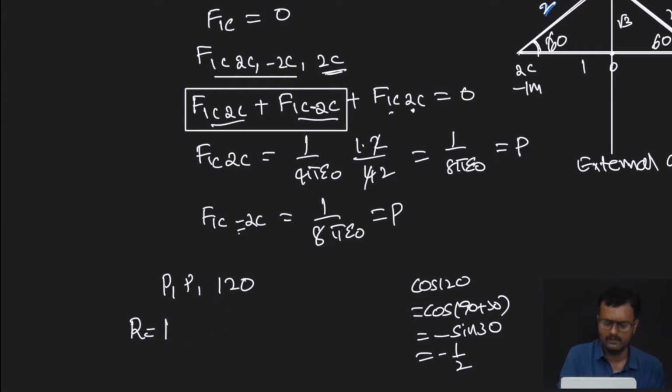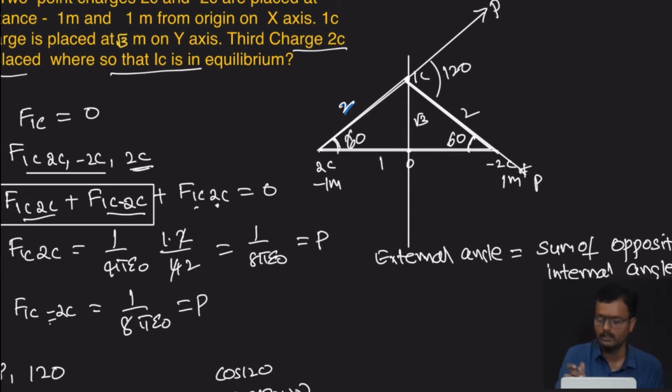So what is the resultant vector here? That is P. What is the direction of the resultant vector? Look here, the two force vectors are the same, so the resultant is exactly the diagonal of the parallelogram between the two vectors, which makes exactly the same angle with both vectors, that is 60 degrees.